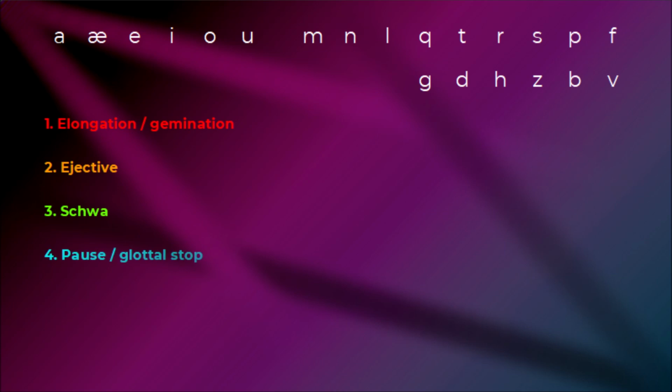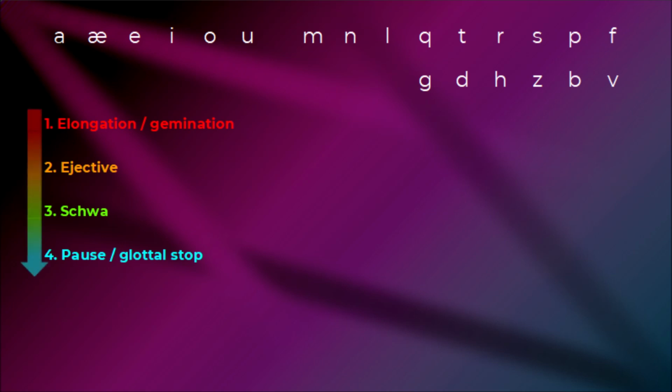These methods are elongation or gemination, with a simpler word lengthening of the sound, turning the two sounds into one; ejective; putting a schwa or another unstressed semi-vowel in between; and simply putting a glottal stop or brief pause between the two sounds. These techniques are shown in order of preference, but not every technique can be used for any sound.